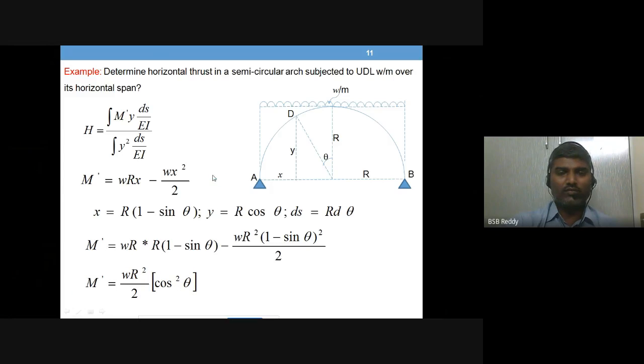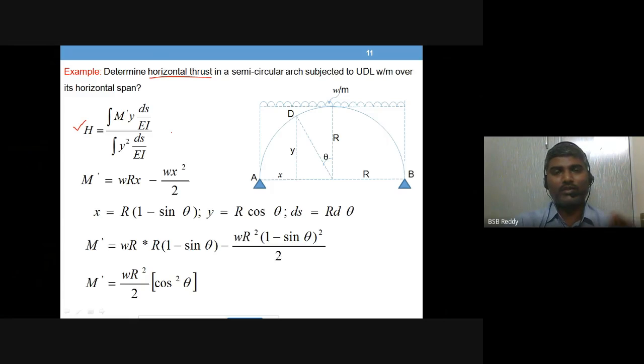We have derived an equation, or formula, for finding horizontal thrust in two hinged arches from the strain energy concept.